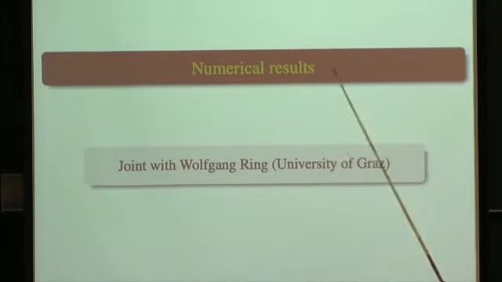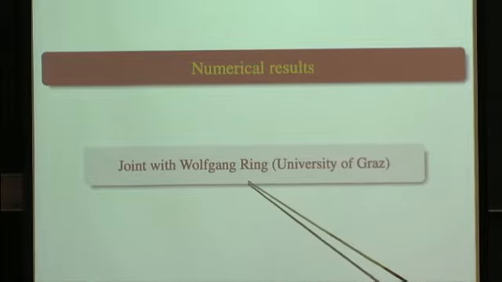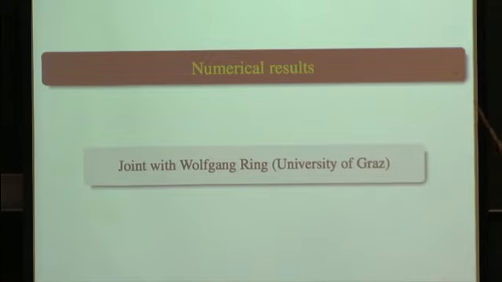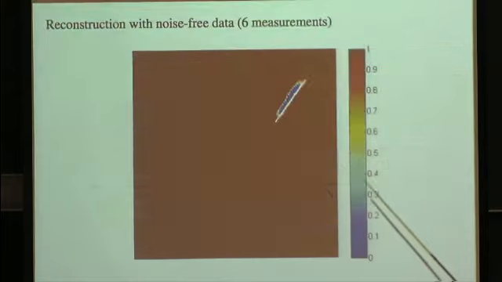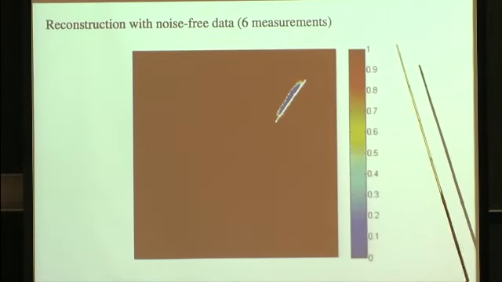In the last five-something minutes, I would like to show some numerical results based on this approximation of the optimization problem, done in collaboration with Wolfgang Ring from the University of Graz. I'm starting with a single well potential, so the crack case.